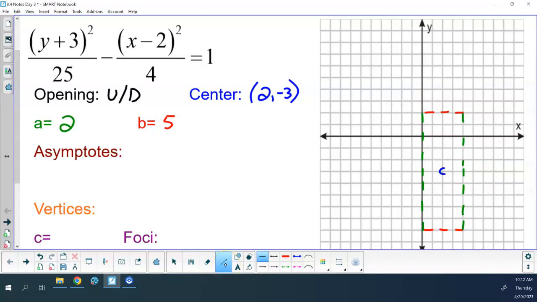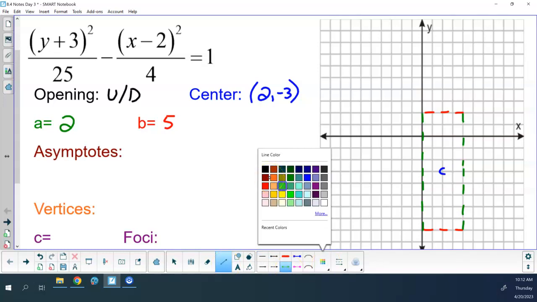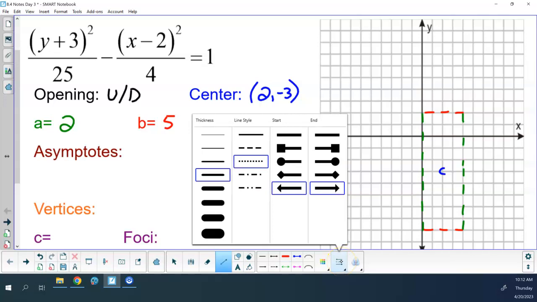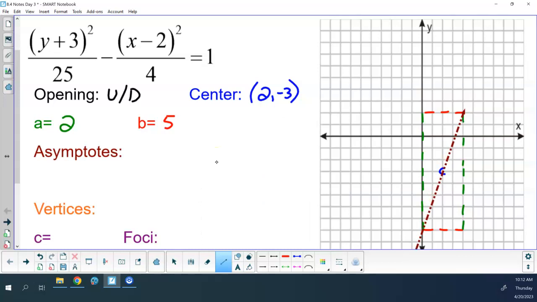Asymptotes. The asymptotes? These ones, like to make the equations or just to draw? Equations? Okay. These equations should have been really easy to do. Why? Anybody see it?